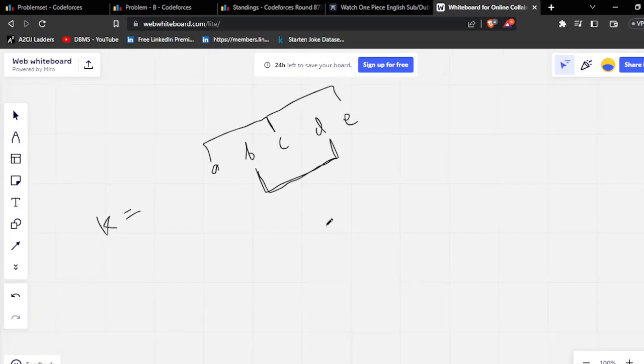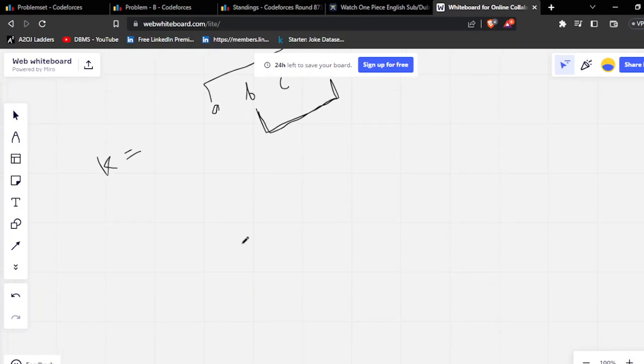Now let's take a second observation. Let's just take indexing. The index of an array goes like 1 2 3 4 5, and these are some indexes.